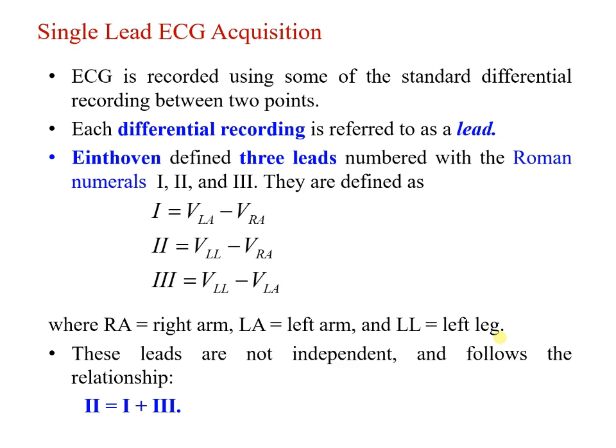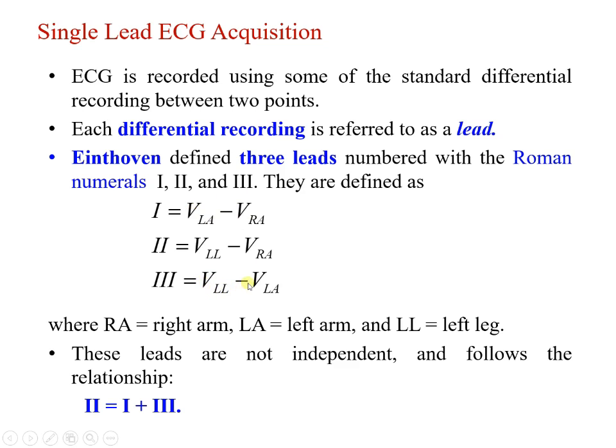So these leads are not independent and they follow a relationship, that is lead 2 must always be equal to lead 1 plus lead 3. If you add lead 1 and lead 3, you can see VLA minus VRA plus VLL minus VLA.